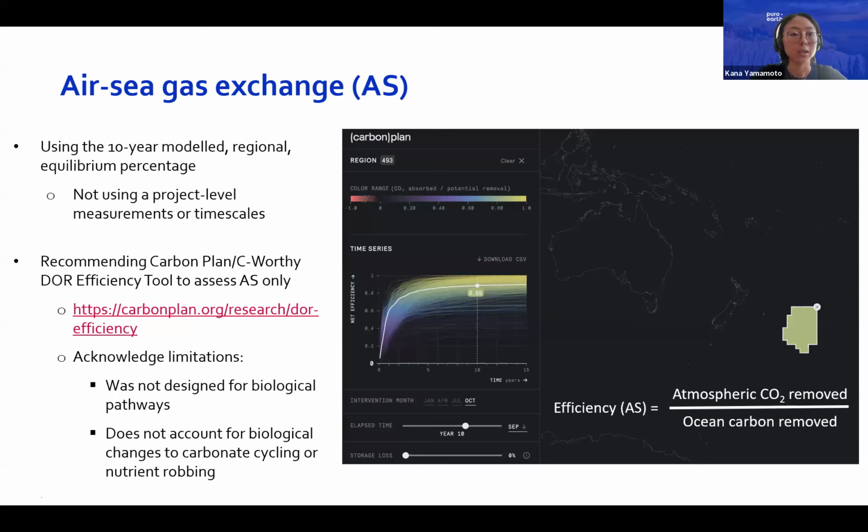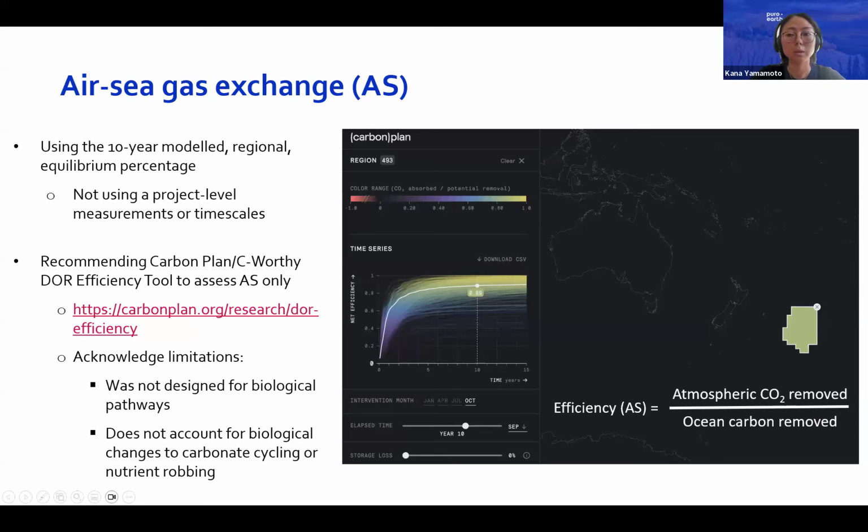And we acknowledge that this direct ocean removal, DOR tool, is specifically for the abiotic removal of carbon from the surface ocean, and therefore was not necessarily designed for biological pathways such as this one here. This means that biological feedbacks, like changes to alkalinity and nutrient cycling, are not accounted for in this data set.